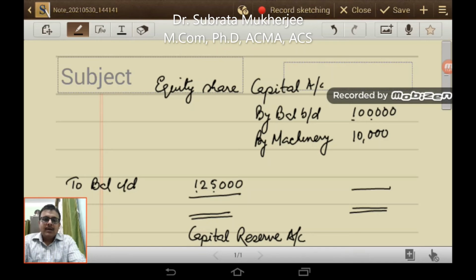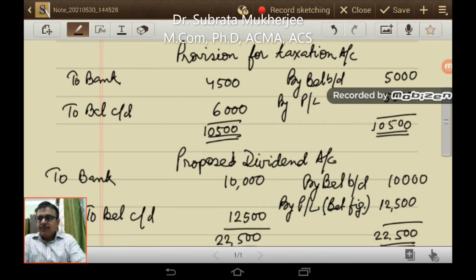The fourth item is income tax provided during the year, rupees 5,500. So in provision for taxation account, by profit and loss account 5,500, and on the debit side the balancing figure represents the amount of income tax paid during the year, which is calculated at rupees 4,500.